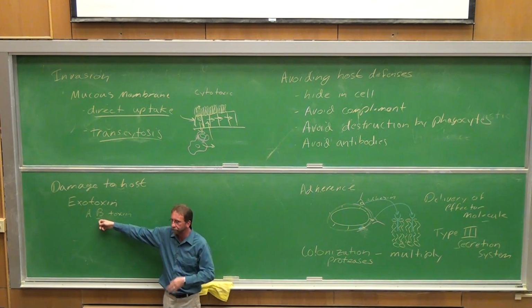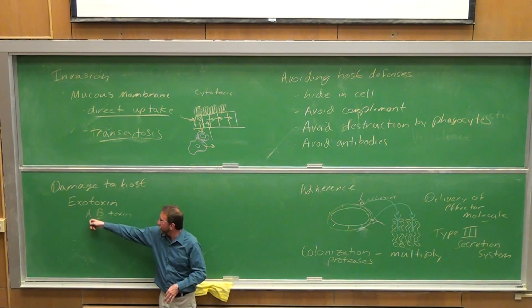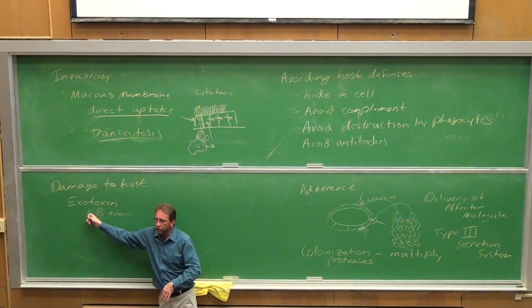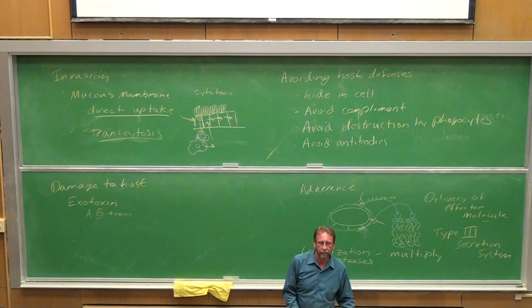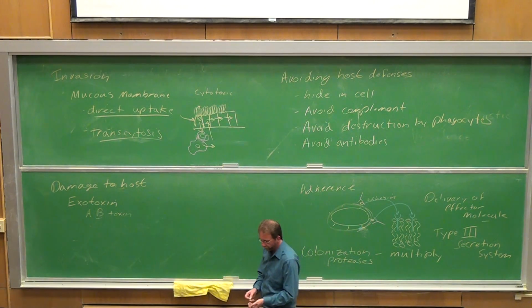Sometimes the whole bacterium is brought in. The A part of the toxin then causes the internal change that takes place, causes the damage that takes place to the cell.